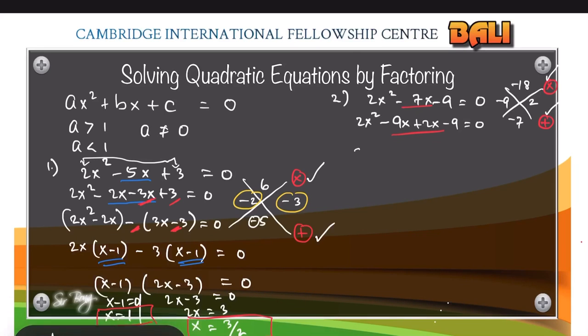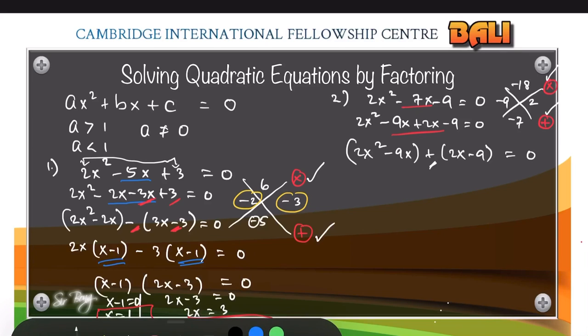So this is 2x squared minus 9x. This is one group, plus 2x minus 9, another group. No change of sign inside because this one is just positive here. So no need to change the sign. Then factor out x as common in the first expression.